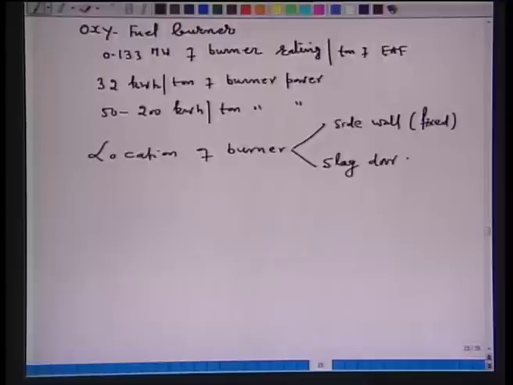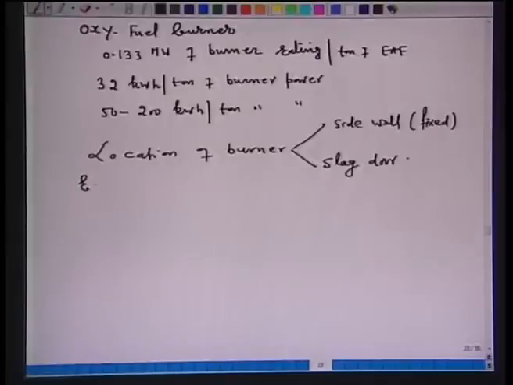So, typically a burner that works in a burner mode as well as an oxygen injection mode throughout the melt cycle. Burner mode means you are using the oxyfuel burner or you are injecting fuel. Once the meltdown period is over, then you go into the oxygen injection mode depending on the requirement of oxygen.